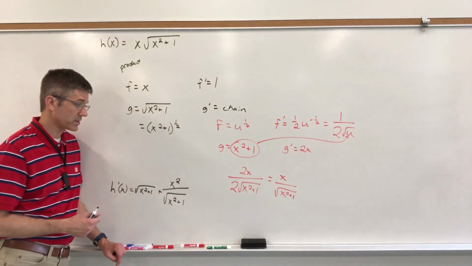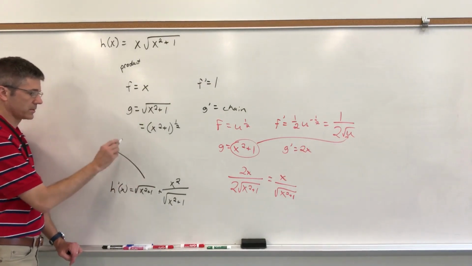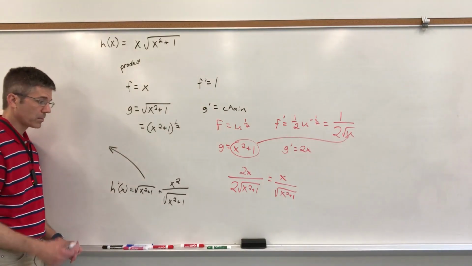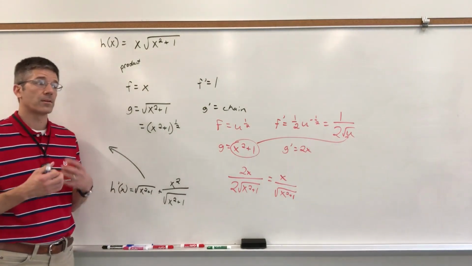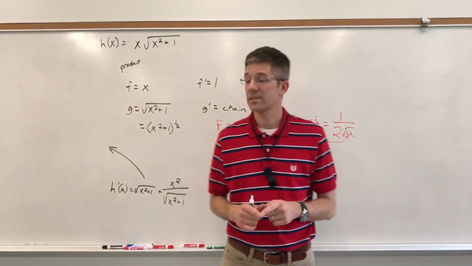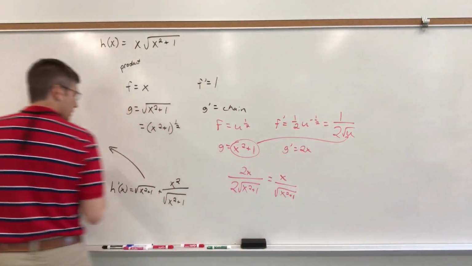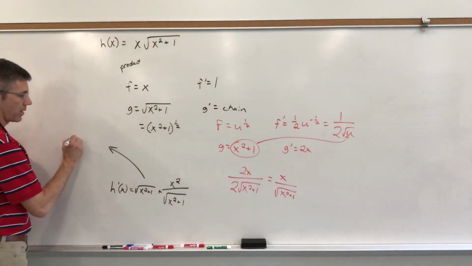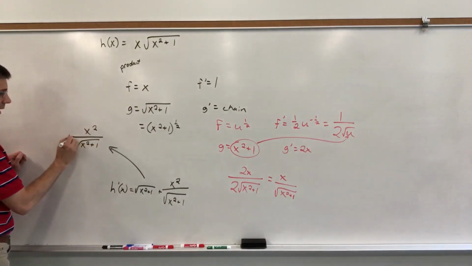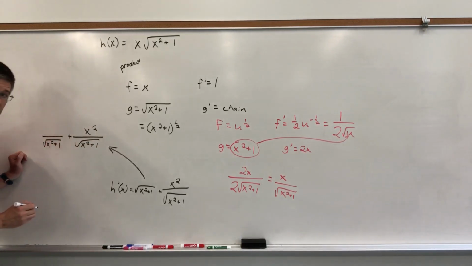And so what I'm going to do is take it a little bit further. I'm going to actually go backwards with it because I'm running out of room. Sorry, not the best mathematical thing to do, but we'll do it. You can go down on yours if you want to. But I'm going to multiply both fractions. Let me rephrase that. I need a least common denominator, and my least common denominator is that square rooted denominator. So I'm going to keep that second fraction the way it is, and I'm going to get that denominator in the first fraction.